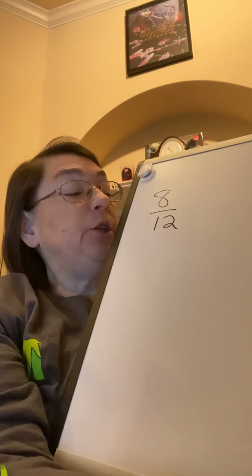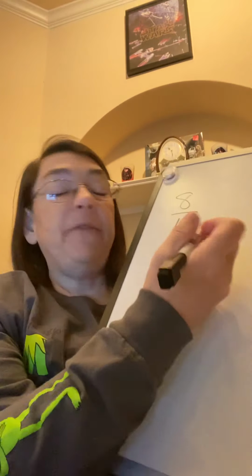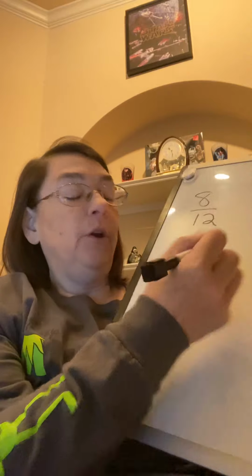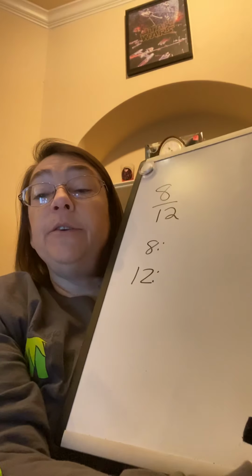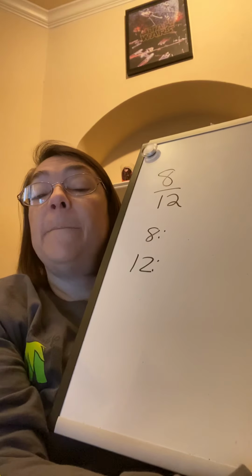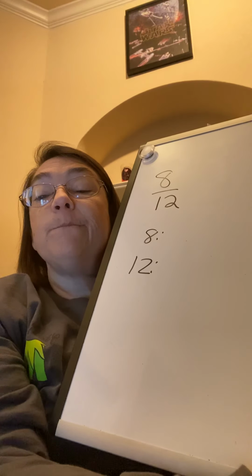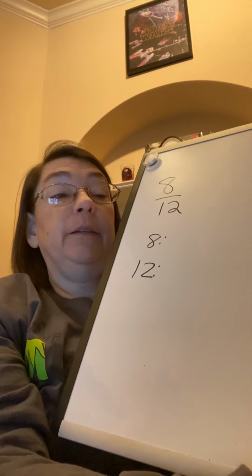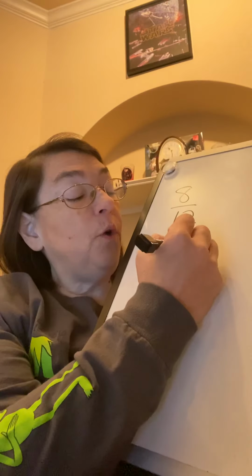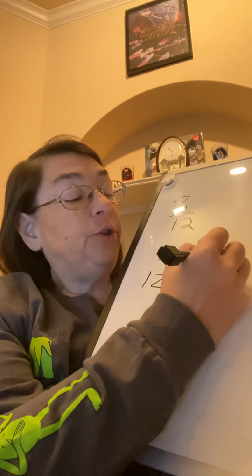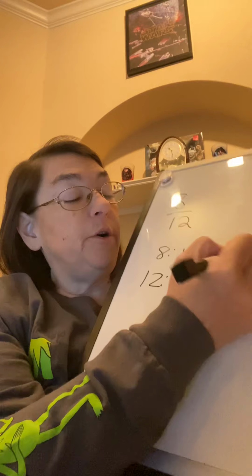So what I'm going to do is find my factors of 8 and my factors of 12. What are factors? Anybody know what factors are? Two numbers times each other to equal the other number. Correct. All right, so I know 1 and 8 are factors, 2 and 4.